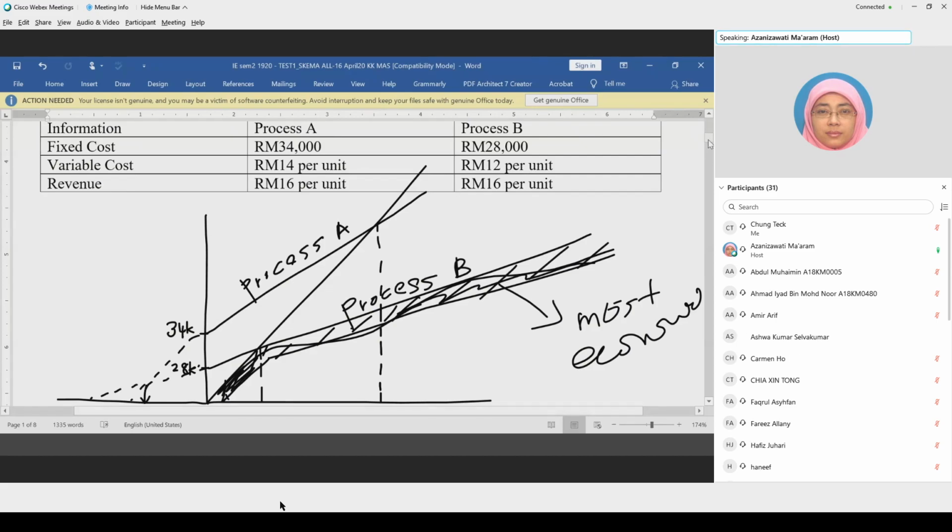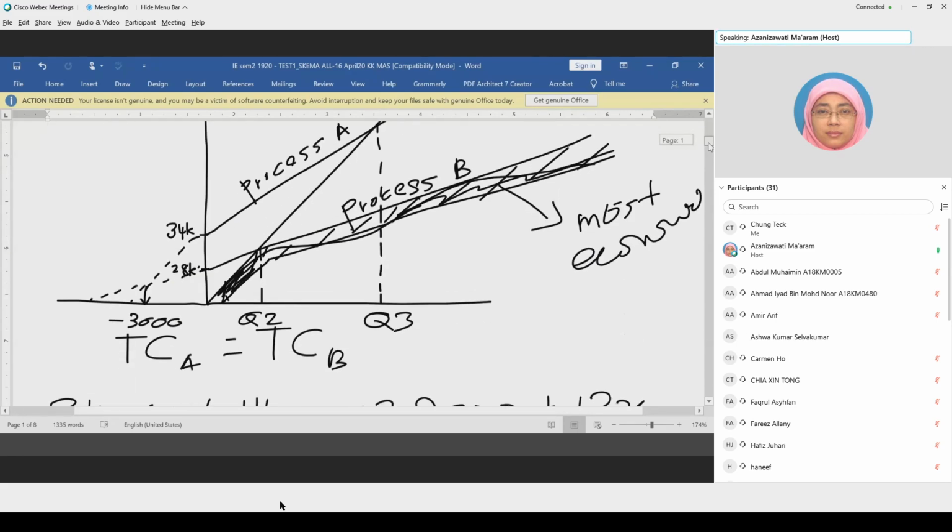Okay, how you want to know which one you will see the lowest line. Okay, so in this case, the lowest line is the process B lah. Where process A ni always upper line kan.